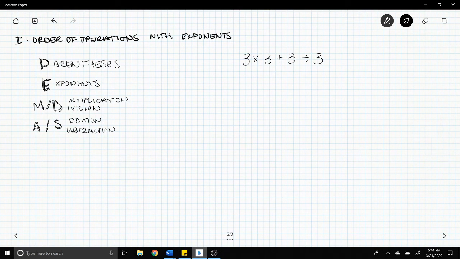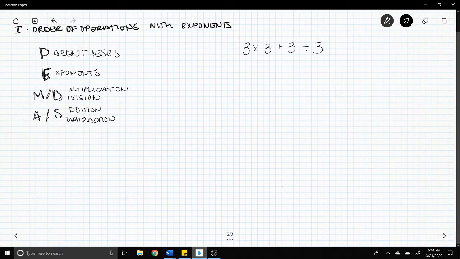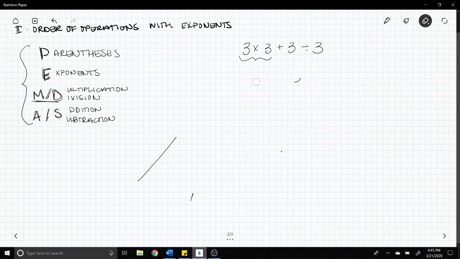So in this example problem, we have a multiplication, an addition, and a division problem. Consult order of operations if you don't have this memorized yet, and you'll see we need to do our multiplication and division first as encountered from left to right. So first we see 3 times 3. So you need to do that. My suggestion if you have problems with order of operations is to write out each step, because what I've seen people do is they know that the next step is division, so they'll do 9 divided by 3.